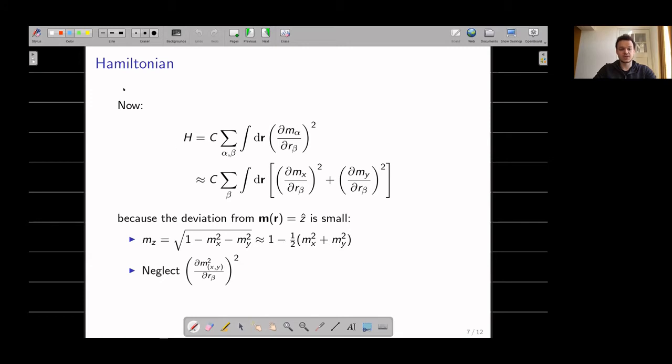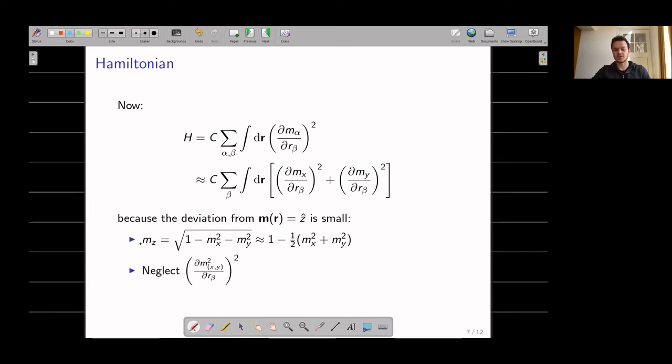What we do is the same exercise. We write the mz component, assuming that the mz component is small, that the fluctuations happen in the xy plane. We simplify the energy in the following manner.